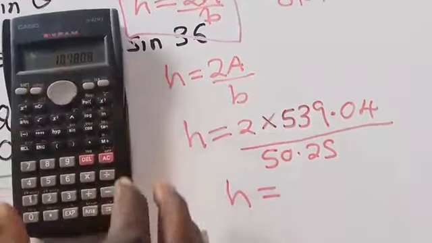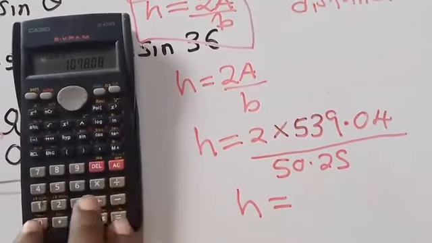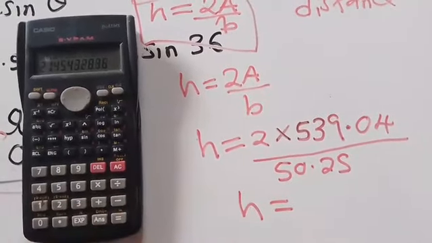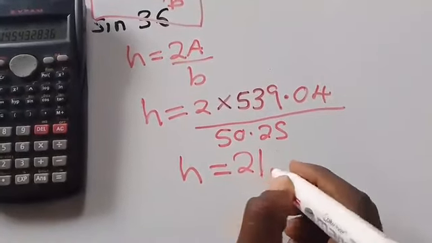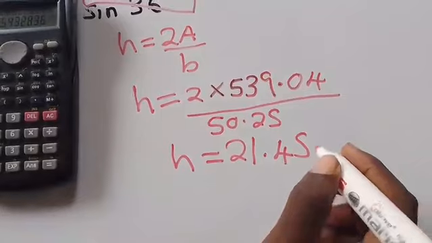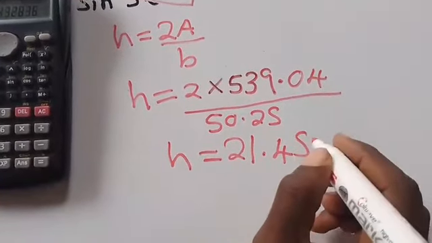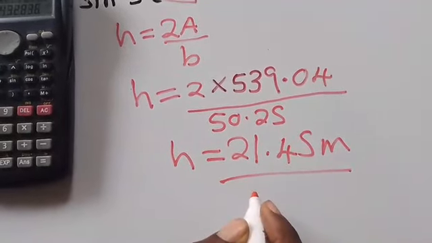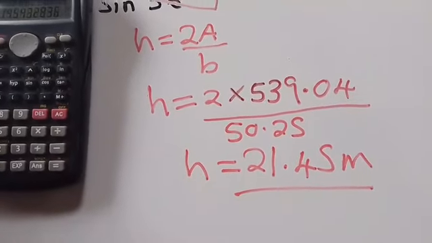So I can just divide this same answer by 50.25 to make things easy. My answer is 21.45. There is a 4, so I can forget about that, and it becomes 21.5 meters. This is my shortest distance. This is how I can calculate my shortest distance.